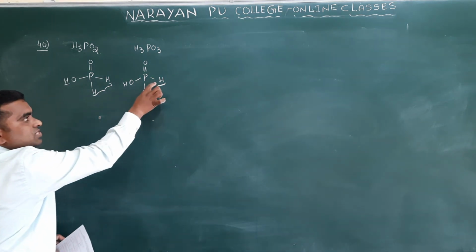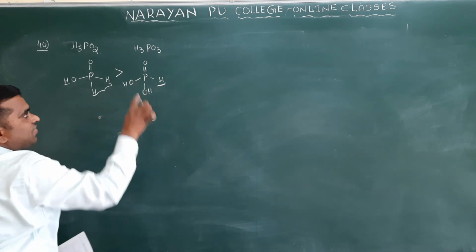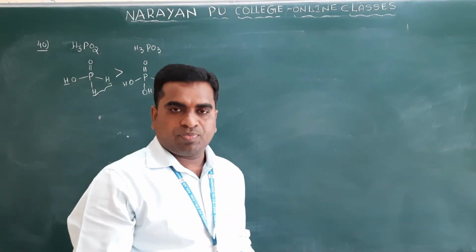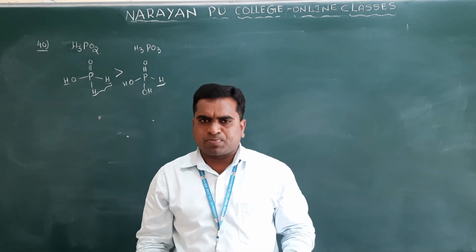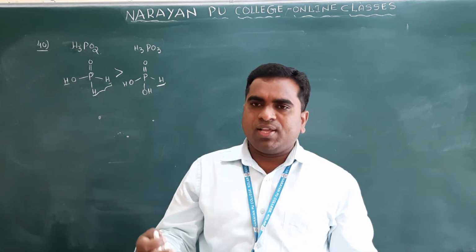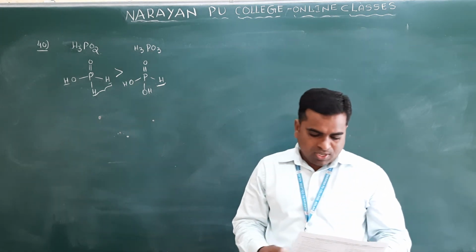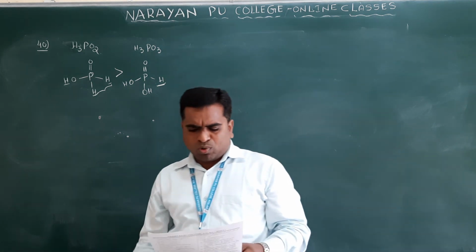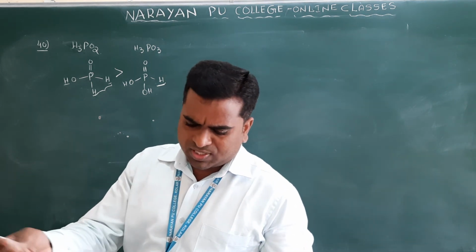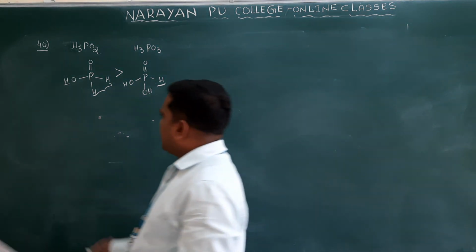But H3PO3 can give only one. So H3PO2 is a more powerful reducing agent than H3PO3. The more hydrogens directly attached to the phosphorus, the more powerful the reducing agent. So you can choose option 1 here. Clear? Next one.